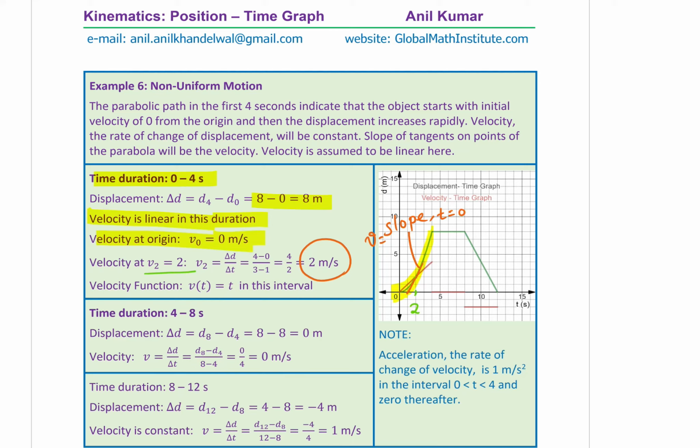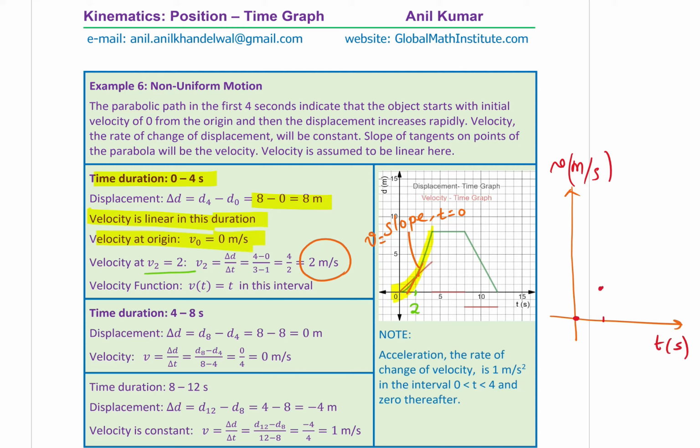Now, to draw the velocity function, what we could do is take (0, 0) and (2, 2) as points, and then extend the line. That is what we've done. Let us say we want to draw the velocity, in meters per second, against time in seconds. We know the velocity is 0 at the origin, but at 2 it is 2, right?